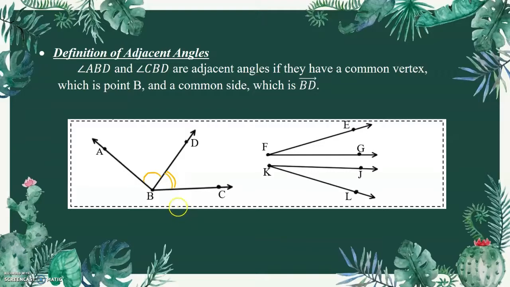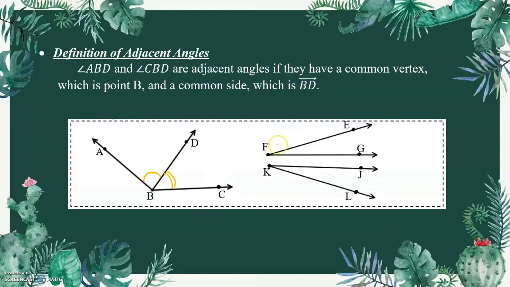Now, we notice that angle ABD and angle CBD share a common vertex, which is point B, right? And also it has a common side, which is ray BD. So meaning to say, angle ABD and angle CBD are adjacent angles.